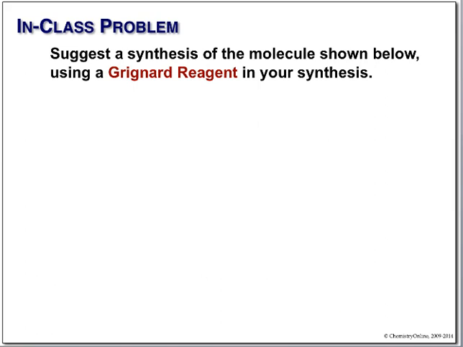Let's do it again. Take this secondary alcohol. We're going to split it. Let's split it first on this side and draw the pair. The Grignard reagent and the carbonyl compound.